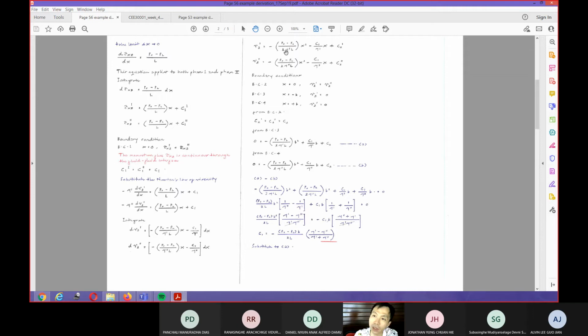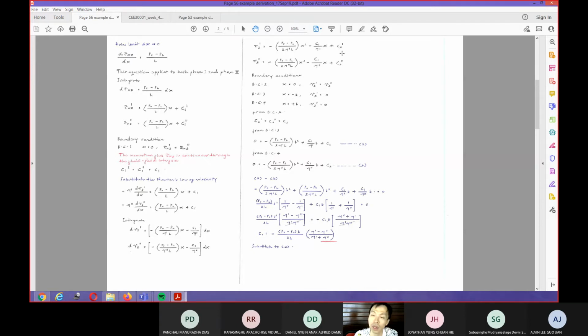So if you plug into here, then you will know that basically the C2 superscript will be equal to the C2 double superscript, and that will be equal to C2. As a result, you can simply replace the C2 superscript and the C2 double superscript with C2.